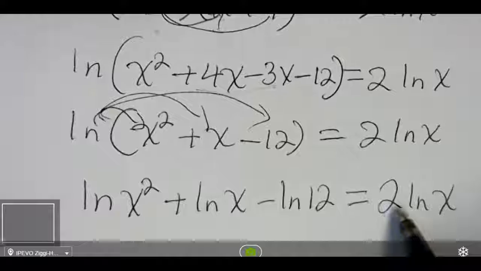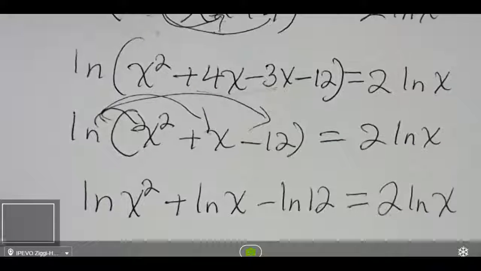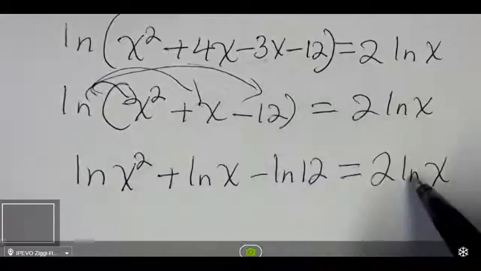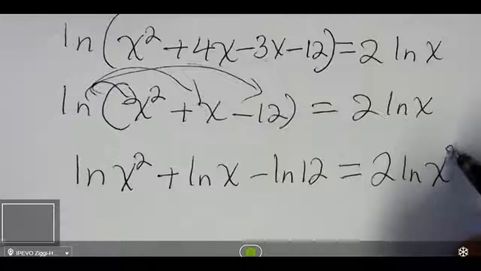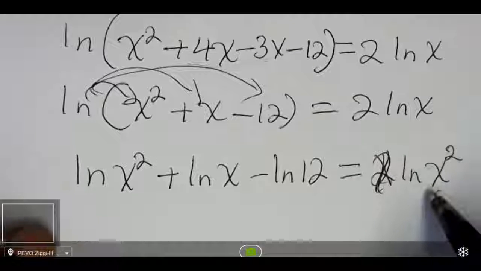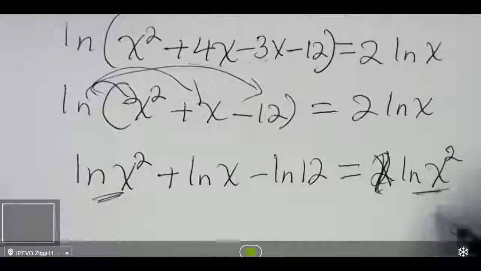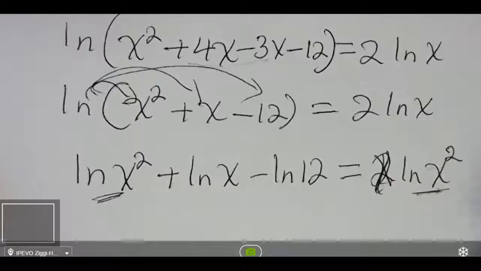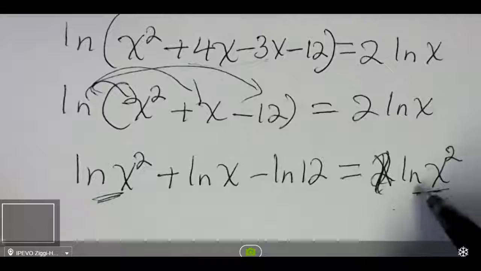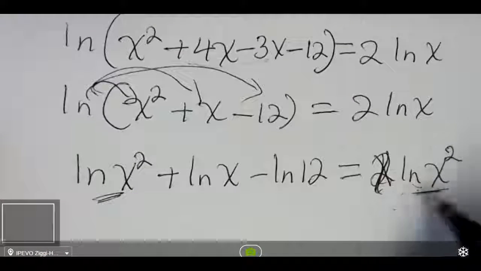And actually this one, since 2 is multiplying the log, we can put it in the exponent. I'll do that right away. Those two are like terms, so they can cross out each other, or we just subtract them from both sides.